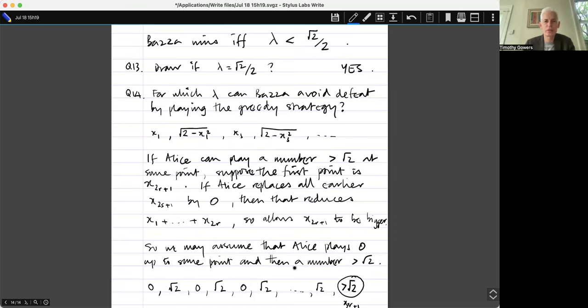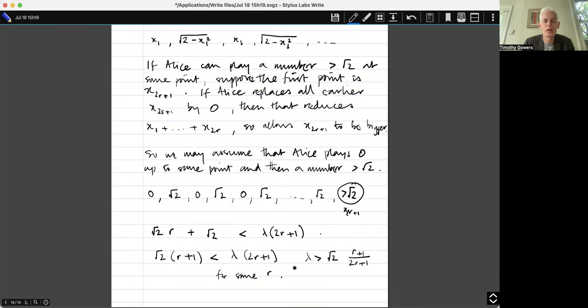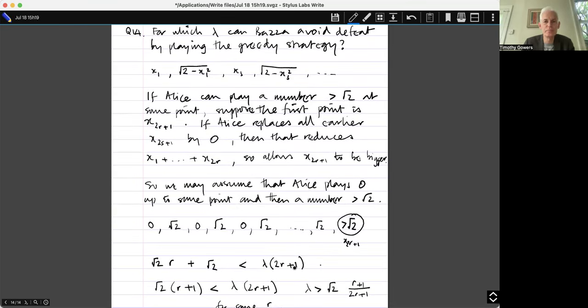So it seems as though when lambda is bigger than root 2 over 2, then the greedy strategy, well, aha, I said something slightly wrong here. So when Bazza plays the greedy strategy, this won't be the number that Bazza will necessarily play.